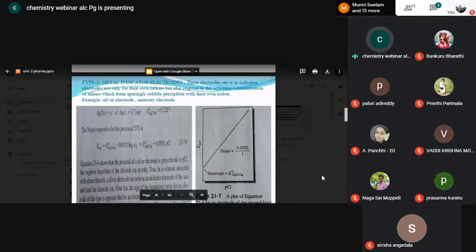So because of this ability of AgCl to undergo dissociation, finally what is produced from that? Ag plus ions and chloride ions are released. And now a new equilibrium is going to be established between what? Between AgCl and the ions which are coming out from AgCl due to slight dissociation.